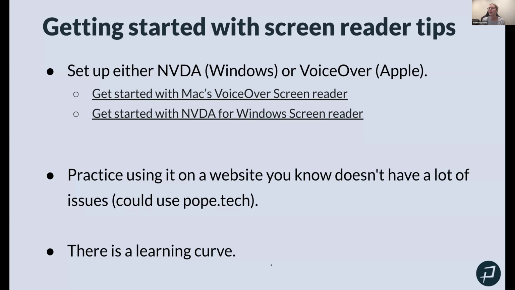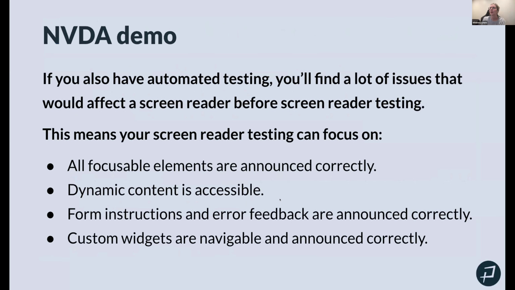So it'll help you with that learning curve. And then there is a learning curve. The best thing to learn how to do it is to just start using it. And when you run across an issue or something you're not sure about, going and doing a little bit of research. Little by little, you'll get more comfortable and get better at it.